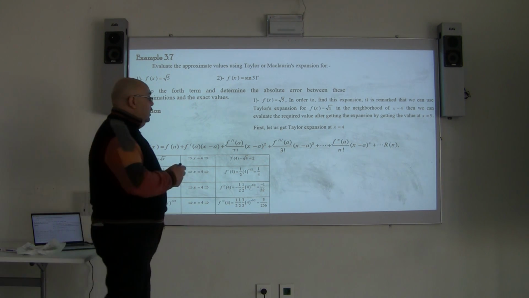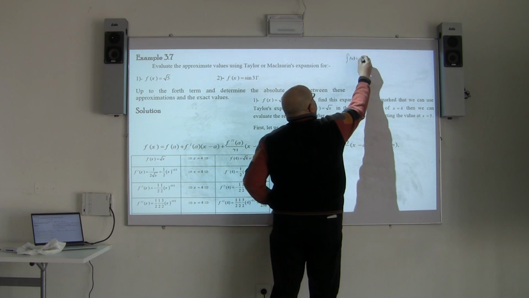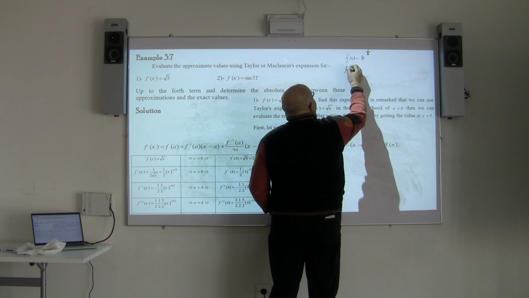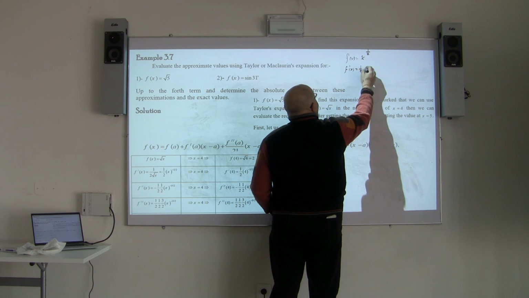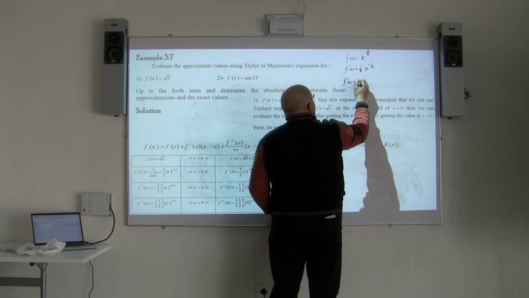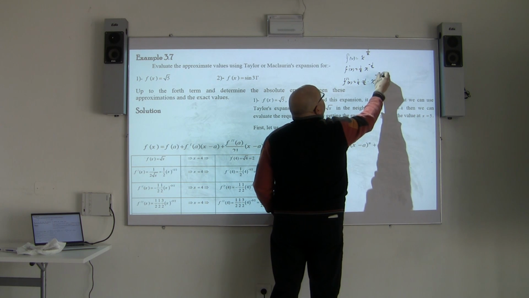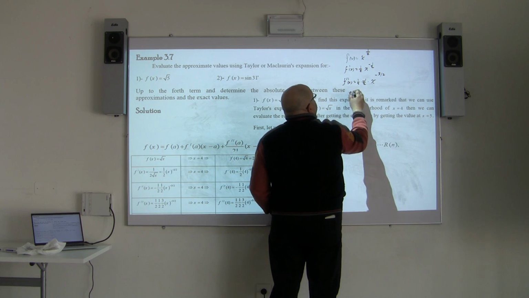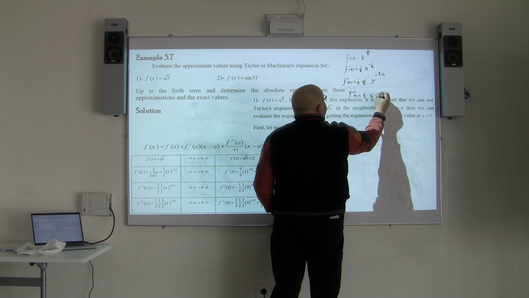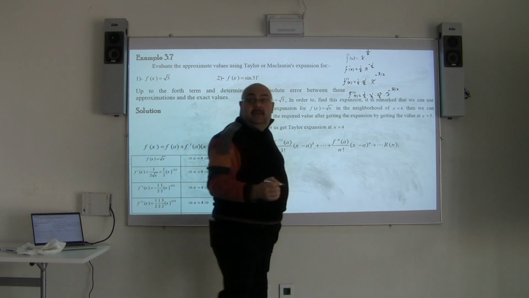So f of x equals x to the power of half, so f dash x will equal half x to the power of negative half. Then f double dash of x equals half times negative 1 over 2 times x to the power of negative 3 over 2. Can you get f triple dash? Half times negative half times negative 3 over 2 times x to the power of negative 5 over 2, and so on. Am I right?